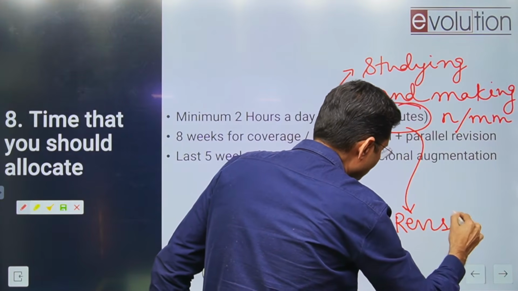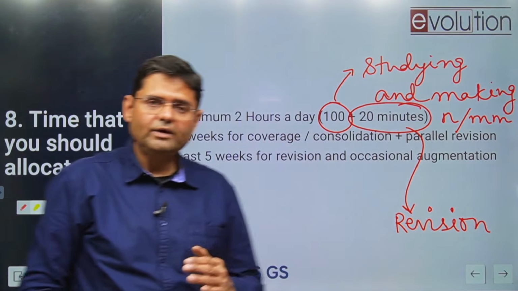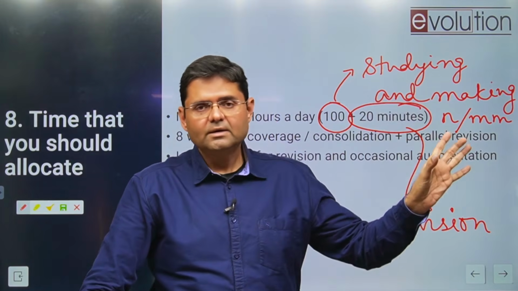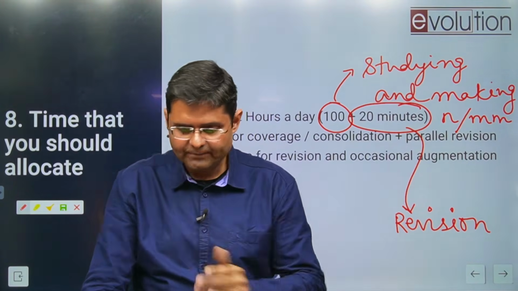Remember, we are so close to the prelim examination now that we are not going to wait until the coverage is completed before we start revising. Revision is now a parallel activity.